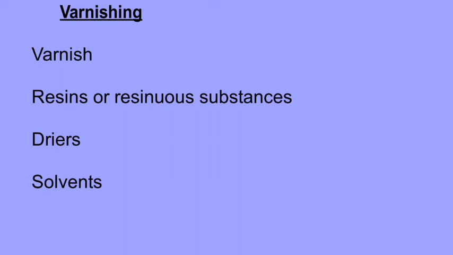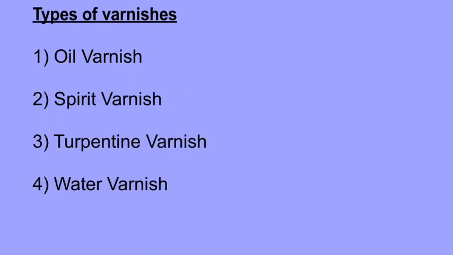Driers. These are used to accelerate the process of drying. The commonly used driers are litharge, white copper or lead acetate. And solvents. Different types of solvents used are boiled linseed oil, methylated spirit of varnish, turpentine and wood naphtha.